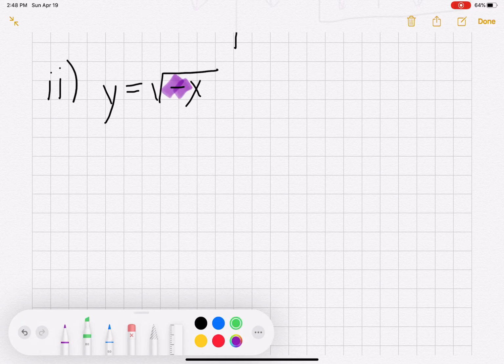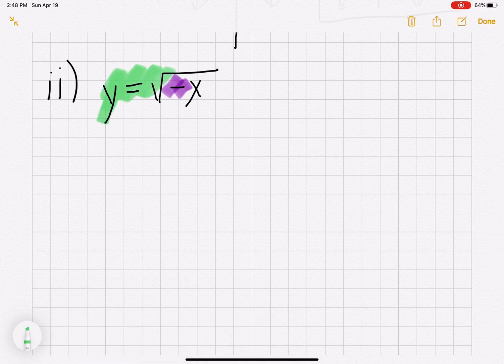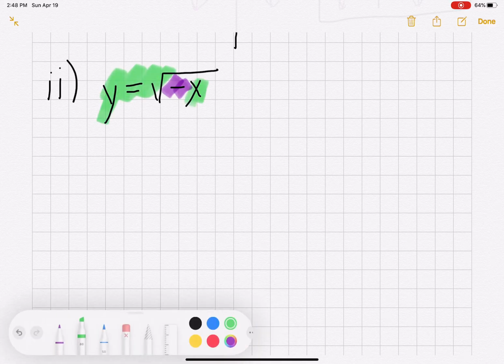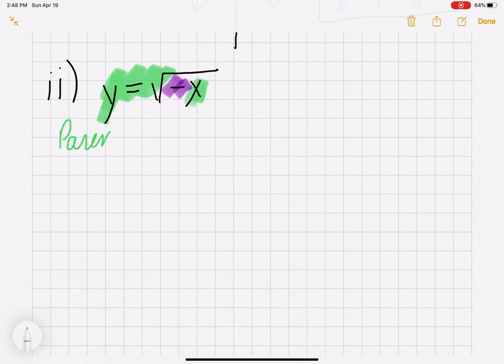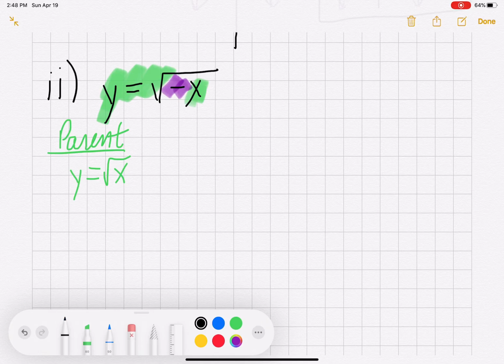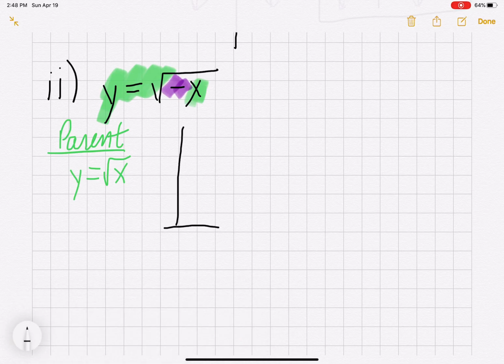So if we cover up that minus right there, we see you get y equals square root of x would be your parent. This is one by now that you should be very familiar with.